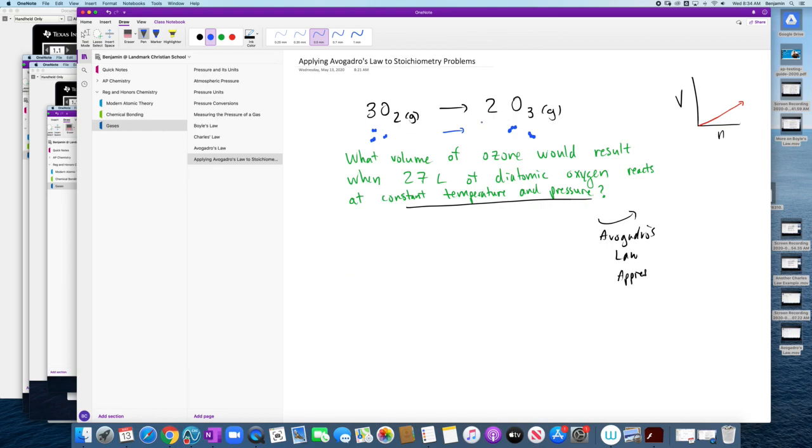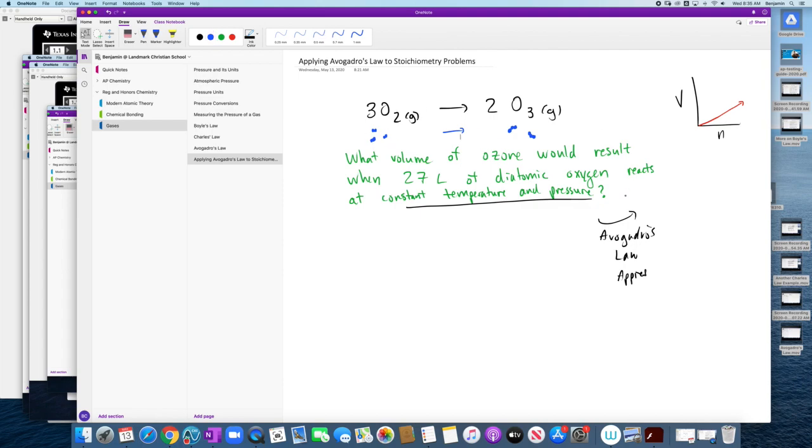So here we have 3 particles bouncing around rather than 2 particles bouncing around. Those 3 particles are going to cause more collisions with the container, and so the volume is larger as a result of all those collisions.